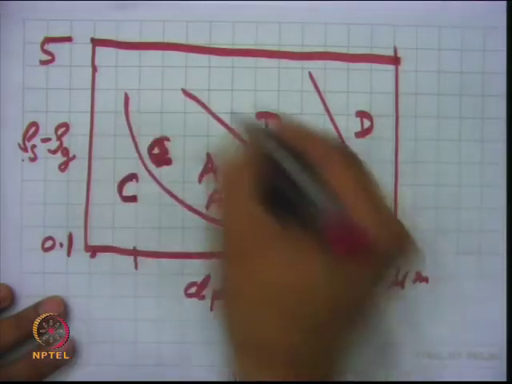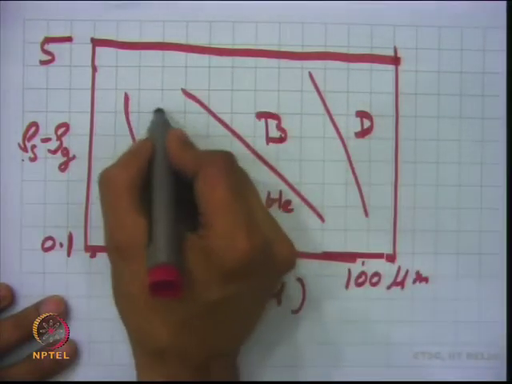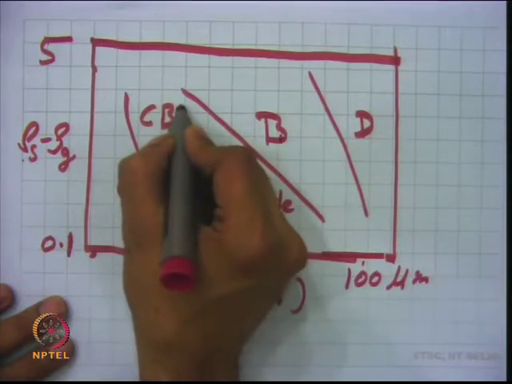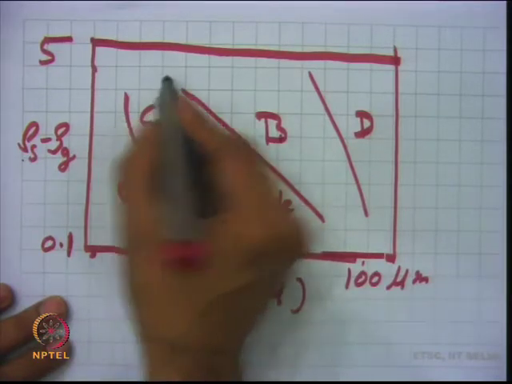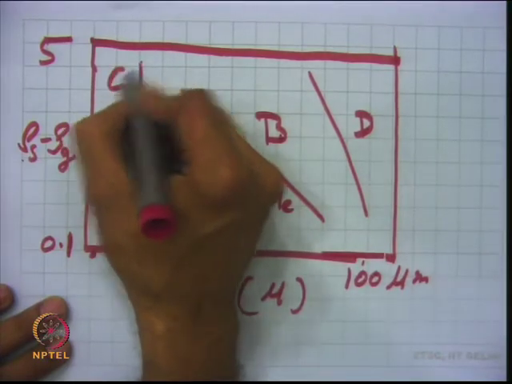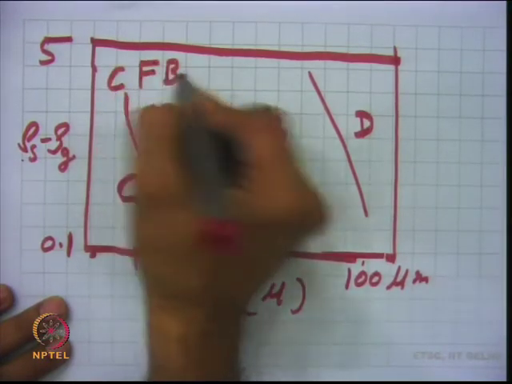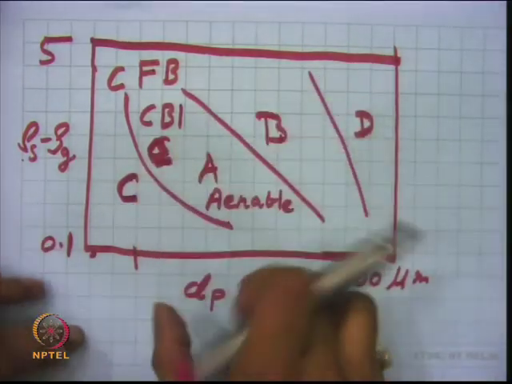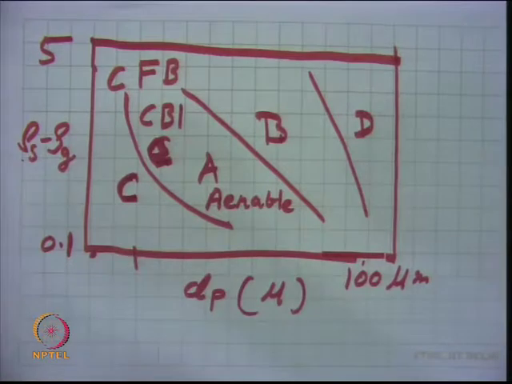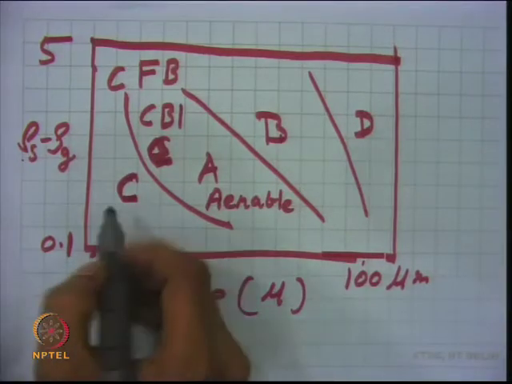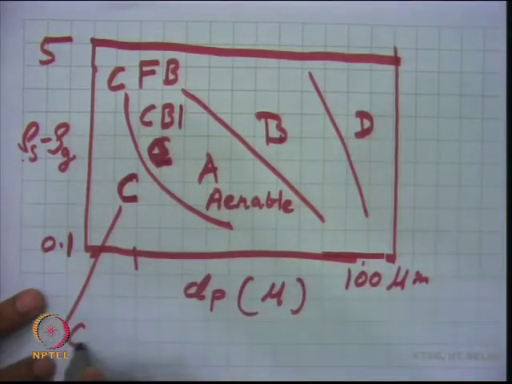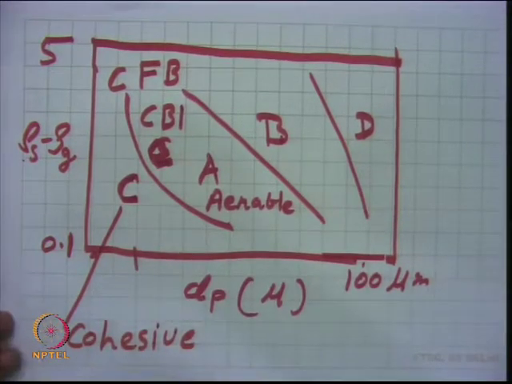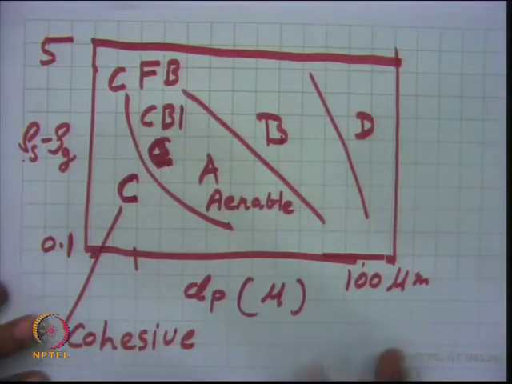This is a good region for CFB, the bubbling fluidized bed or circulating fluidized bed. Here, at a definite size of particle and density difference, you will have a better situation, whereas this is a cohesive system that is difficult to fluidize.